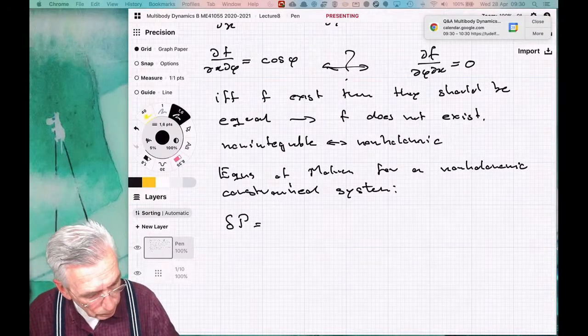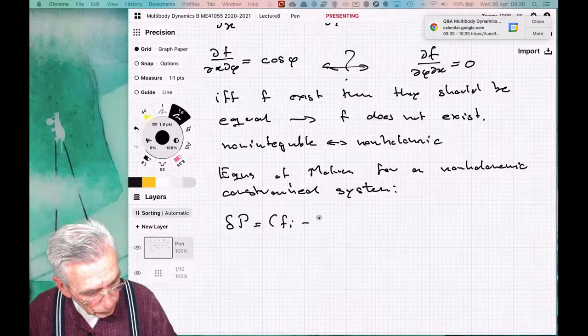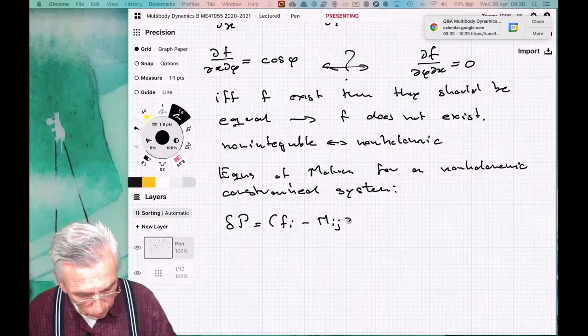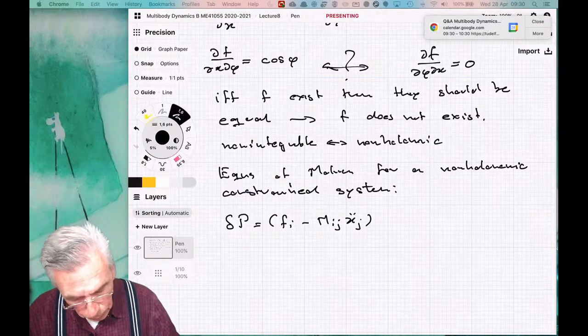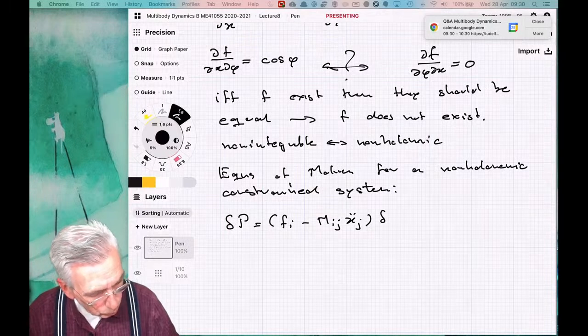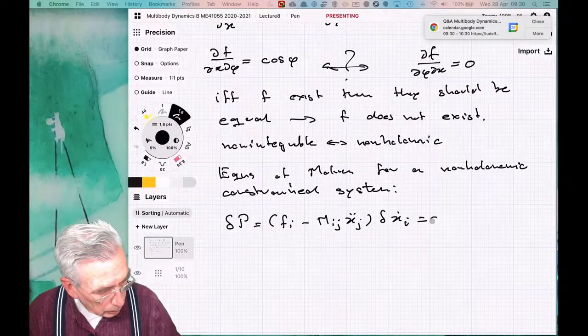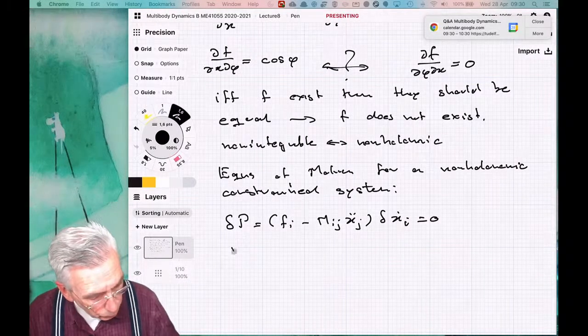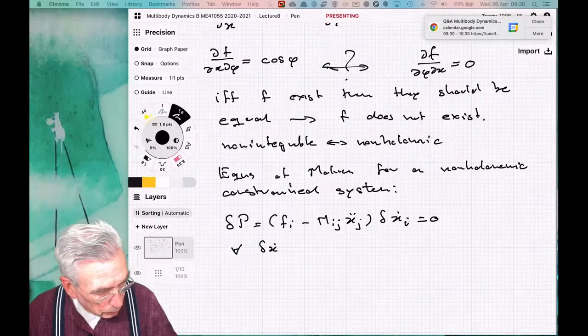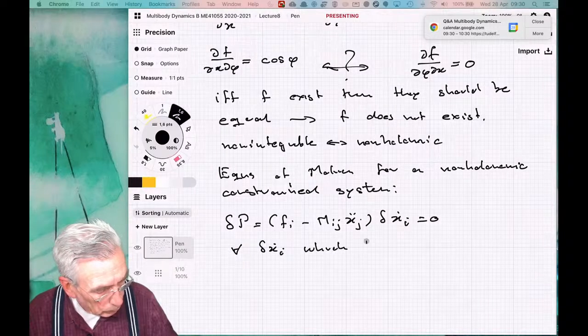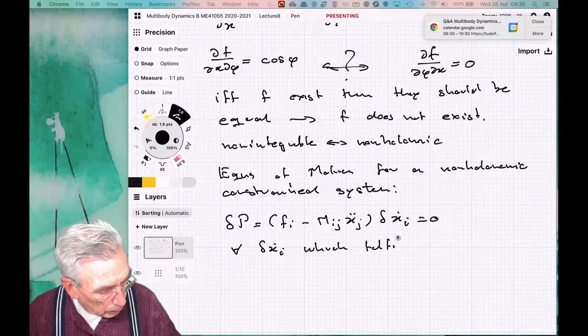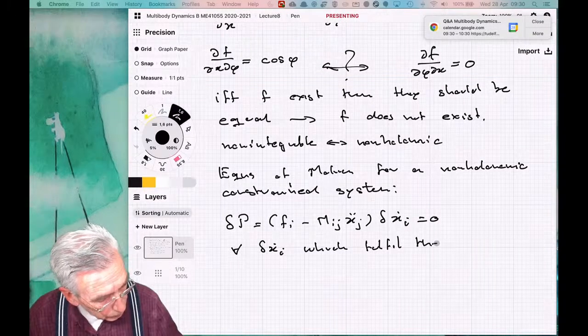It's a little bit boring in that sense. M_ij x double dot j is our most powerful, or almost, instrument. It should be 0 for all virtual velocities which fulfill the constraints.